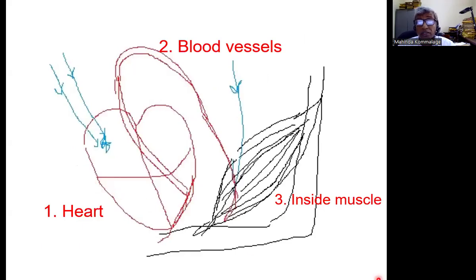Just to emphasize a few things, when we regulate the cardiovascular system, we can regulate blood vessels, right? As I mentioned earlier, we can increase and decrease the diameter of some blood vessels. Then we can control the heart. That means we can control the cardiac output by altering heart rate and stroke volume.